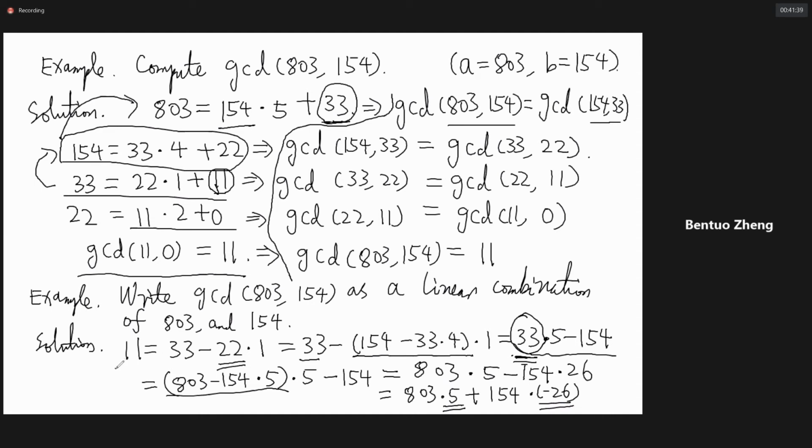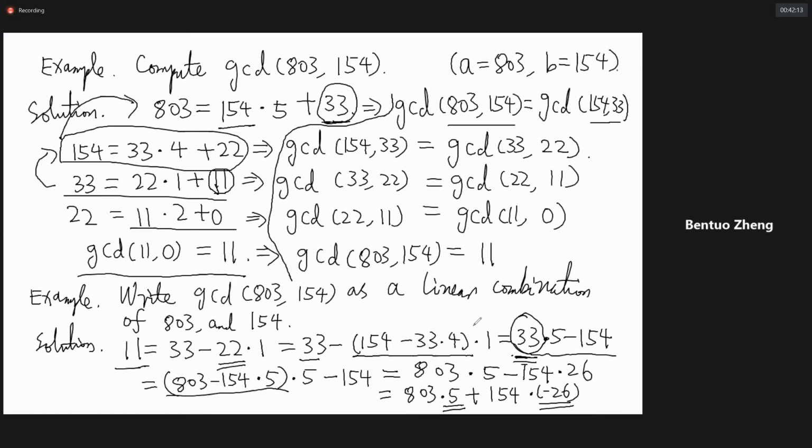You see, we start from 11. We find the first place where we get 11 as a remainder. And then you replace 11 by a linear combination of these two numbers. And then you go one step up to replace a smaller number by a linear combination of two larger numbers. And you keep going up. Each time you replace the smaller number by a linear combination of the larger numbers, then eventually you get a linear combination of the two largest numbers.